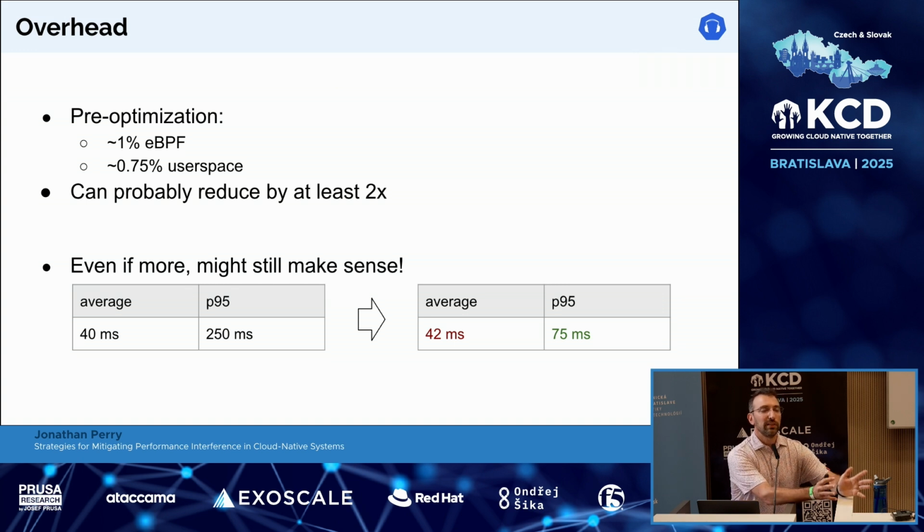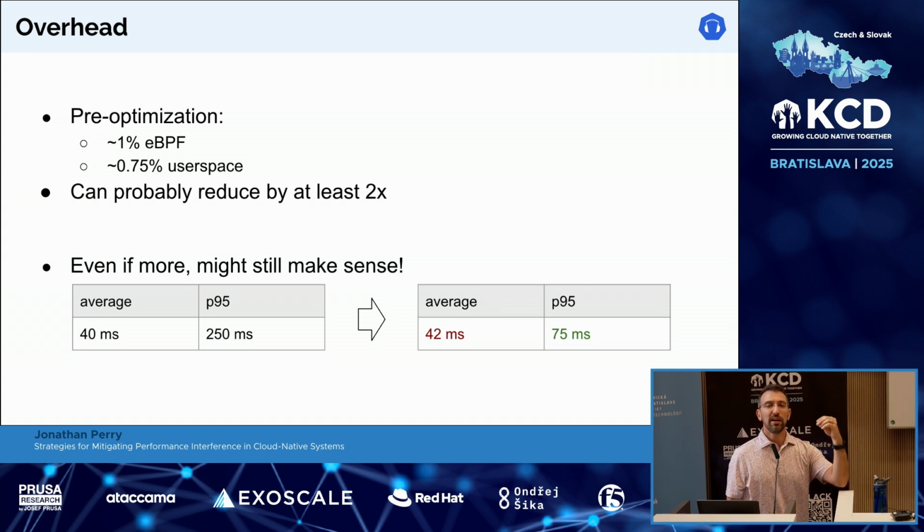But think about it. Even if the overhead was a lot larger, if it was at 5%, you would still implement the collector, and you'd still run it. Here's an example. If it was at 5%, then maybe your average latency increases from 40 milliseconds to 42 milliseconds.